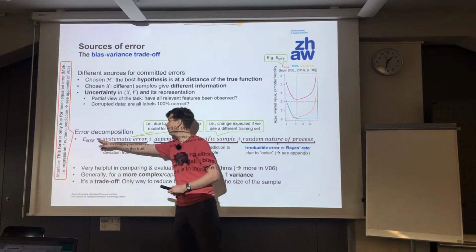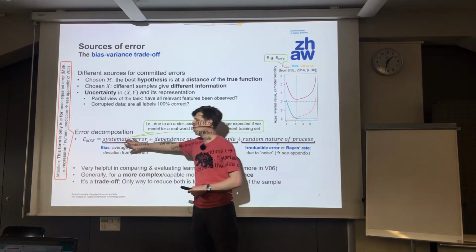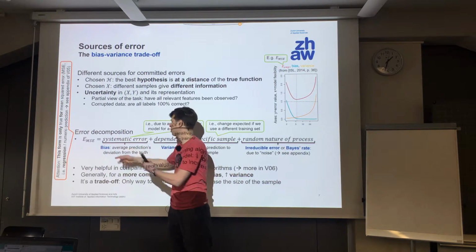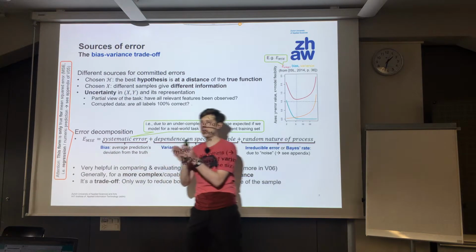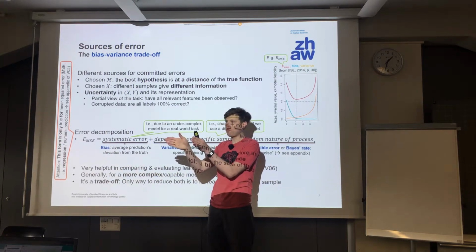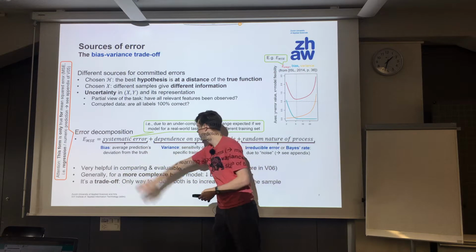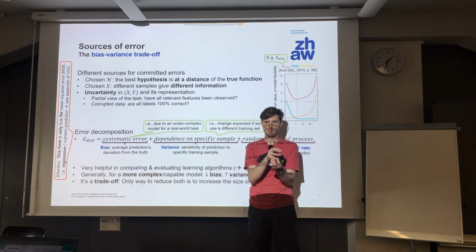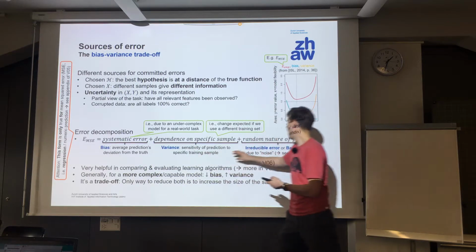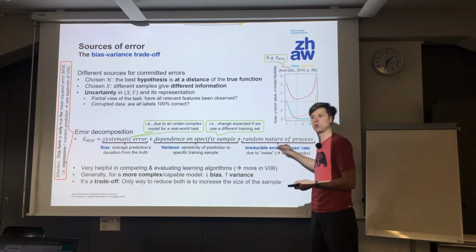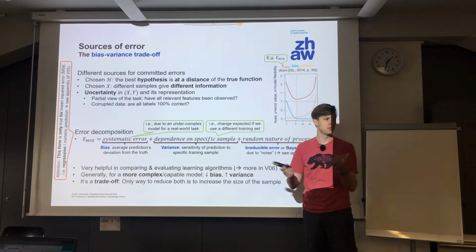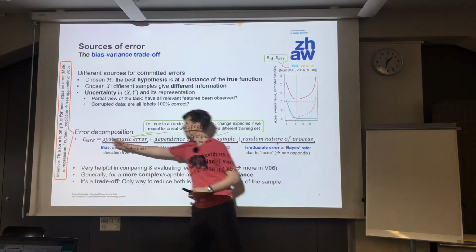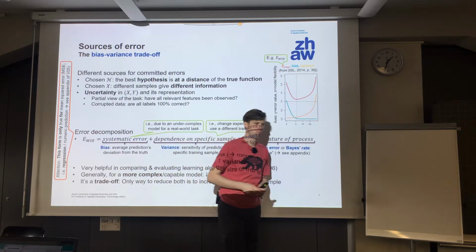Our mean squared error is the sum of all the parts of the error that are due to bias, a systematic being off of the true function, of variance, a sensitivity to the choice of samples we use for training and for evaluation, and the irreducible error, or so-called base rate, that is just the noise in the system. And they are just added together and make up our whole error.